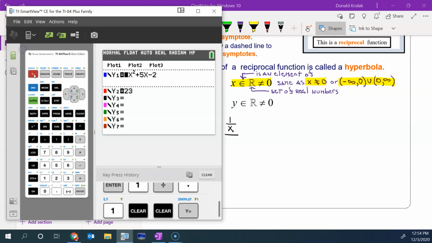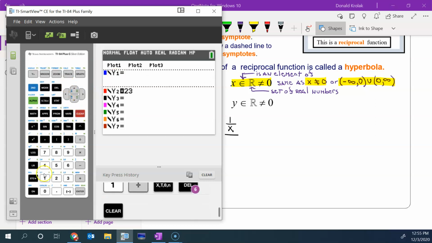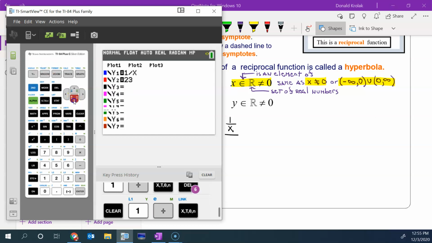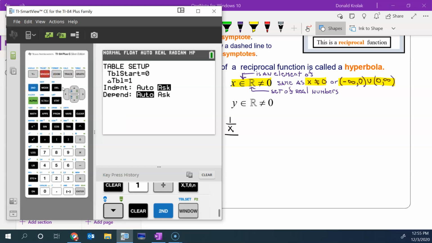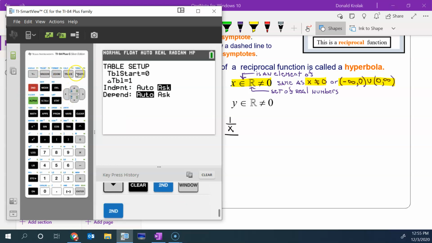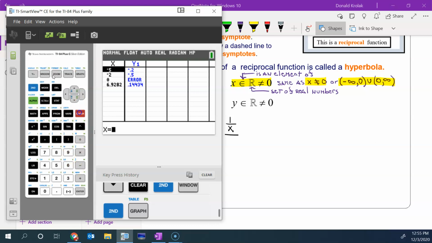I'm going to go y equals, and I'm going to make this reciprocal, 1 over x. 1 divided by x. And I'm going to put that into a table so it's easy to do a whole bunch of calculations on it. So I'm going to go second table set.